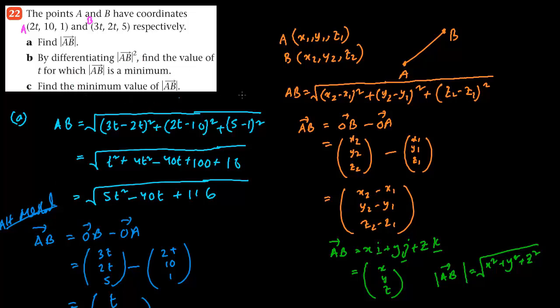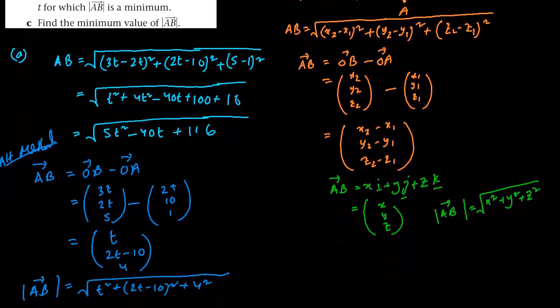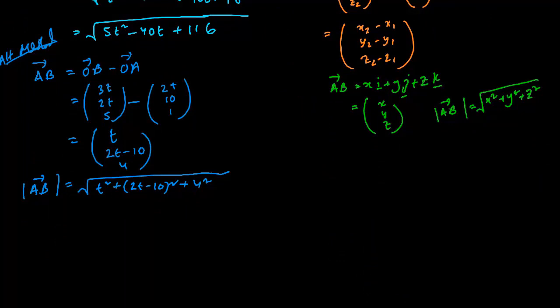When you have a question like that, let me write question number B. L squared equals 5t squared minus 40t plus 116. So now we can consider the entire length of the line. We can consider it L, and if you remove the square root as they suggested, it becomes L squared.